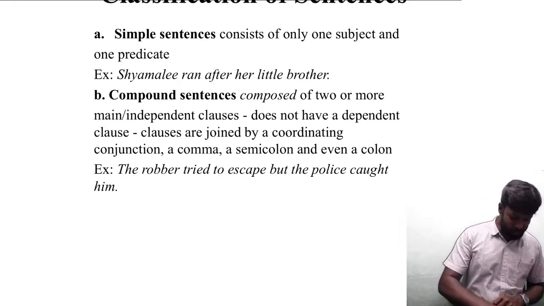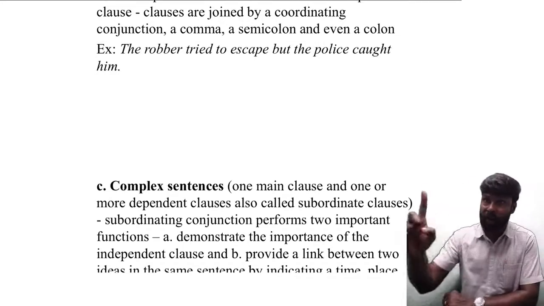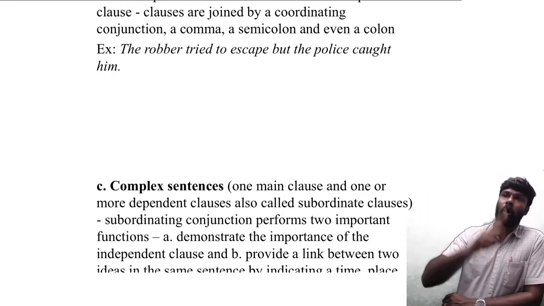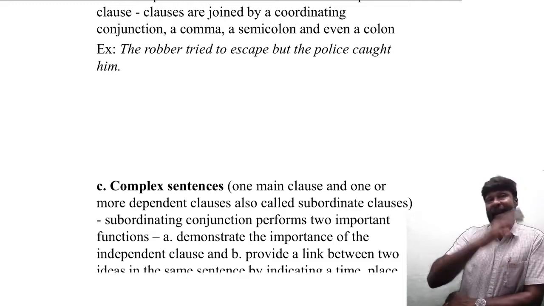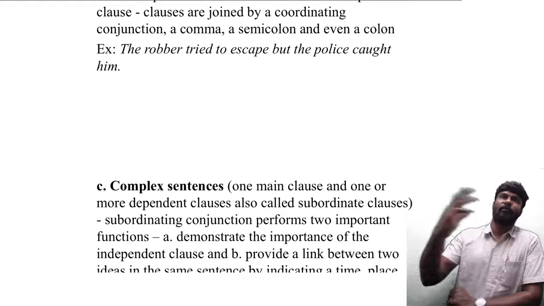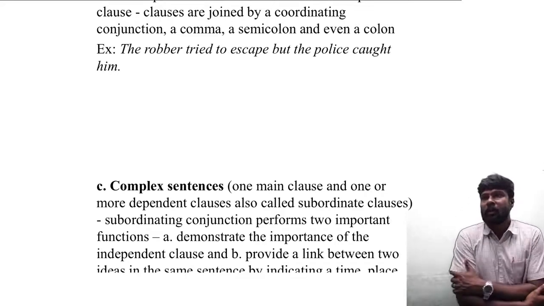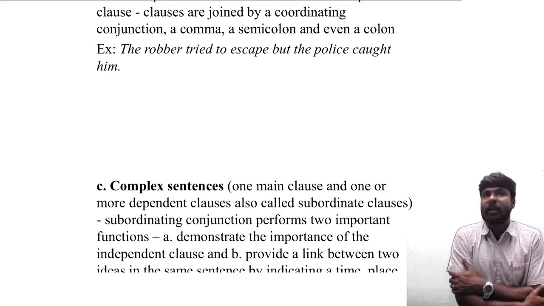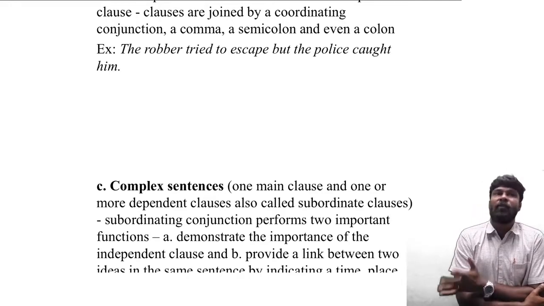And then the next one is a complex sentence, where there is one main clause and one or more dependent clauses or subordinate clauses. Right? What's the other name for a subordinate clause? Dependent clause. What's the other name for a main clause? Independent clause. Don't confuse it.